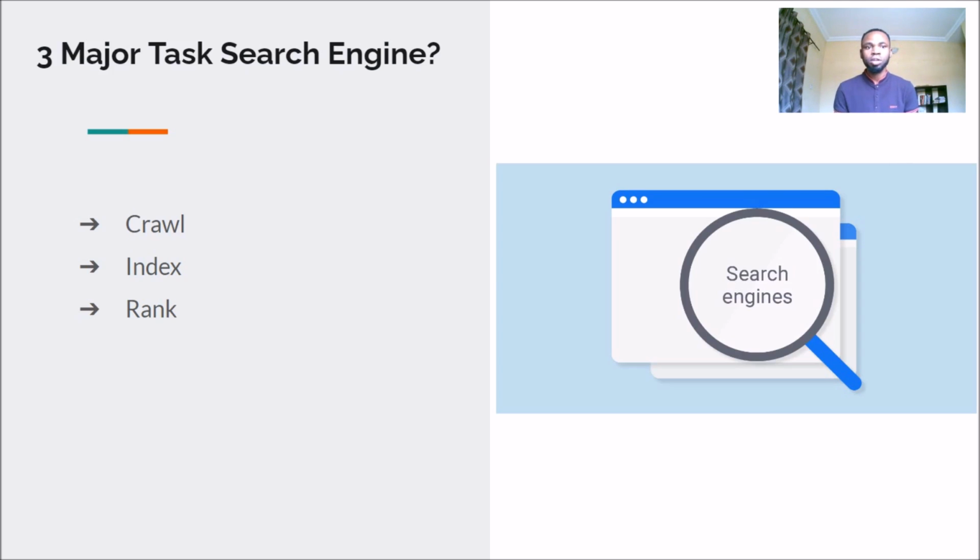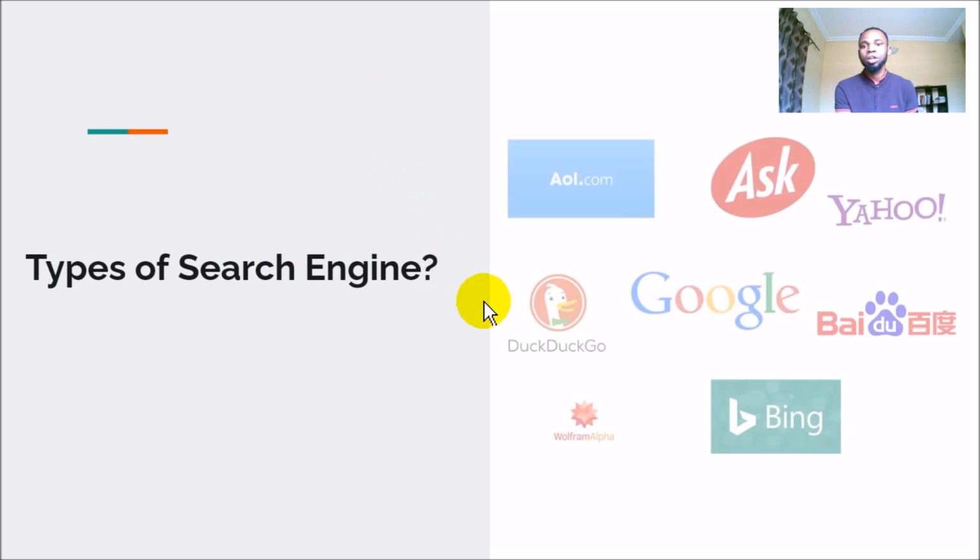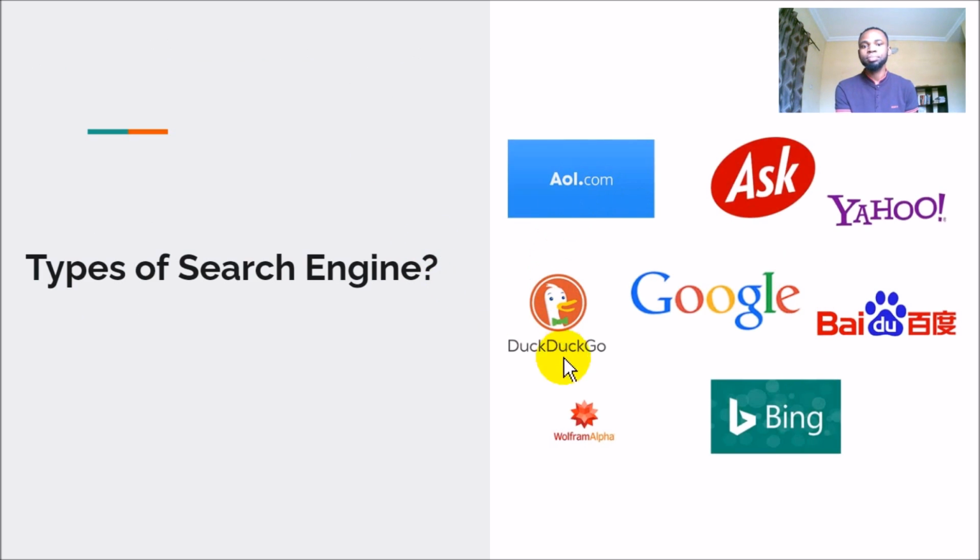Okay, so with that said, there are different types of search engines out there. We have DuckDuckGo, Yahoo, Ask, Bing. Bing is owned by Microsoft. Google is owned by Google itself. Now a lot of people mistake Google to be the overall search engine. Whenever they want to say go and find information, they say go and Google it.